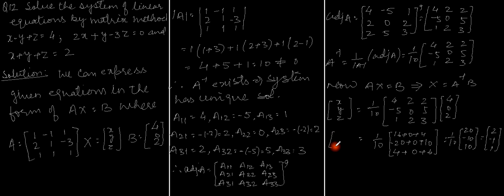So this is the left hand side x, y, z, and the right hand side contains these values. On equating both sides, we have x is 2, y is minus 1 and z is plus 1. So this is the way to find the solution of the linear equation.